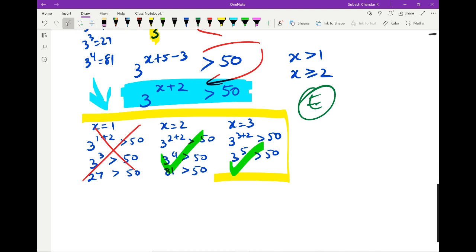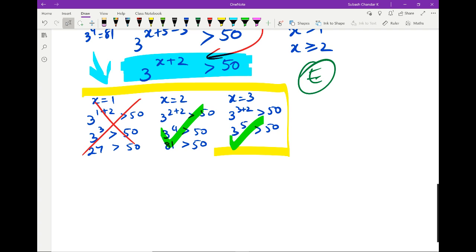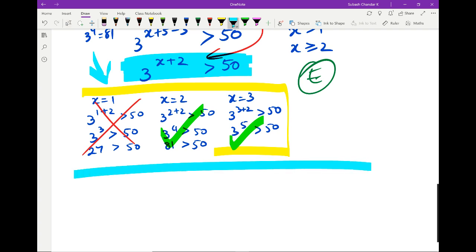Just going to copy the question down first. We've got 25 minus 3x. That's a good question, by the way. So this was one of the inequality questions: 25 minus 3x is less than or equal to 12.